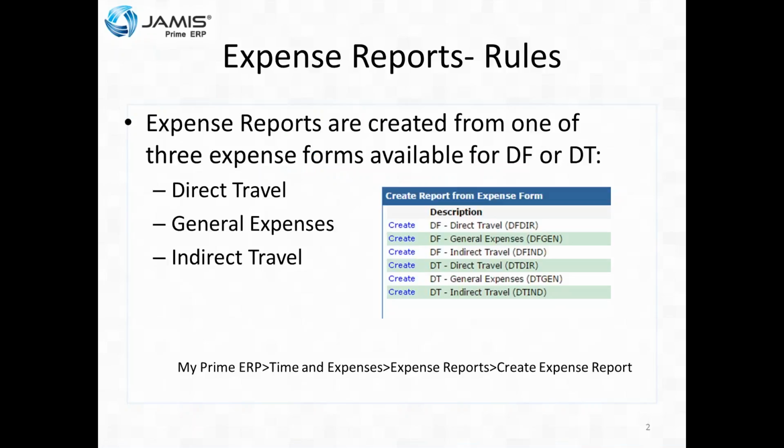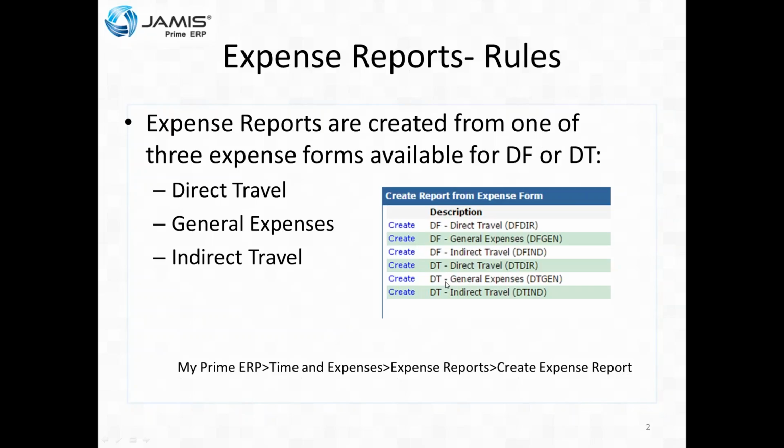Expense actually is very easy to use. I have been using expense since the late 90s in the JAMIS product. The Prime product is very easy to use. As far as the rules are concerned, what we have set up for Dawson is the expense reports that are created and are available to you: a set of 3 for Dawson Federal and another set of 3 for Dawson Technical.